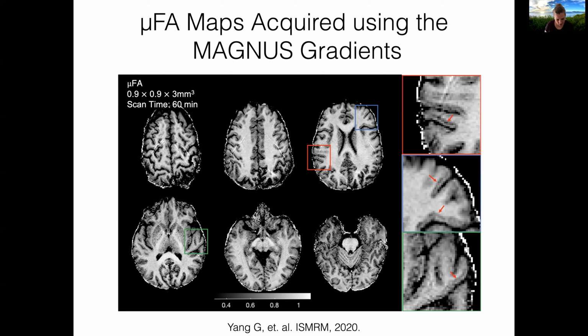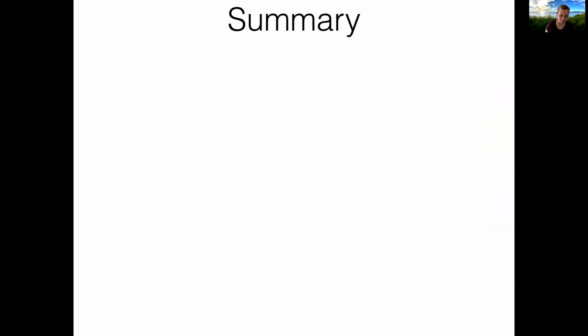There are a few artifacts here that were not resolved, but what we were excited to see was that there did appear to be some unique contrast at the edge of the cortex, and particularly at the boundary between the cortex and the white matter. And so I just think it's really exciting as we're able to push this to higher spatial resolution to see what additional details it will provide.